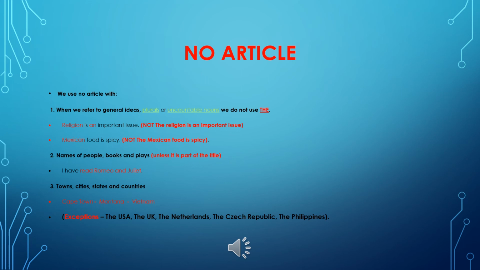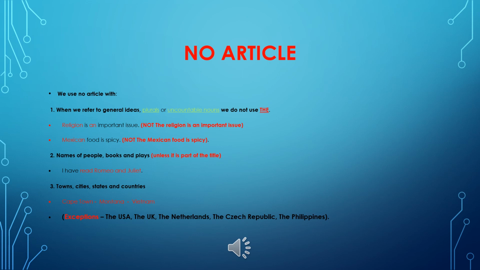Romeo and Juliet is a famous play by Shakespeare from the UK. With towns, cities, states, and countries, we use them with no article as well. We say Cape Town in South Africa, Montana, and Vietnam.